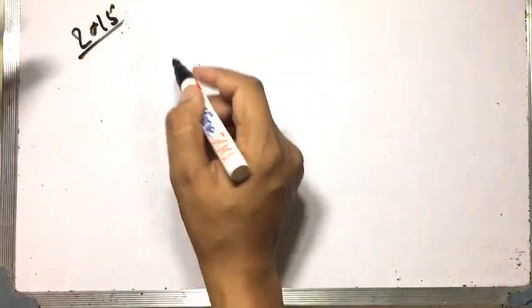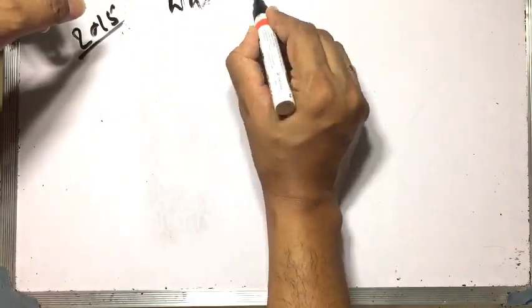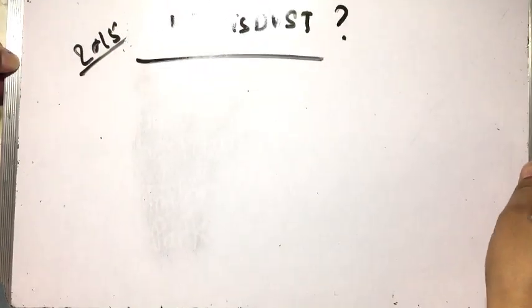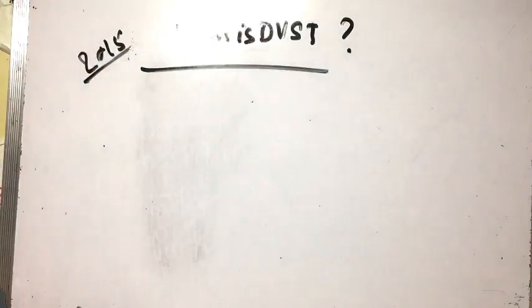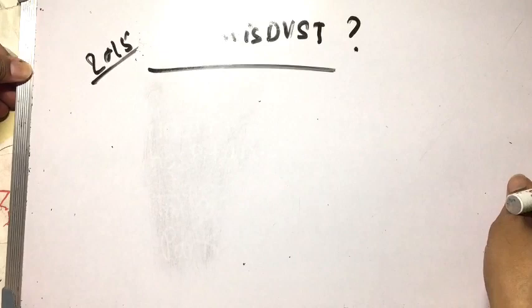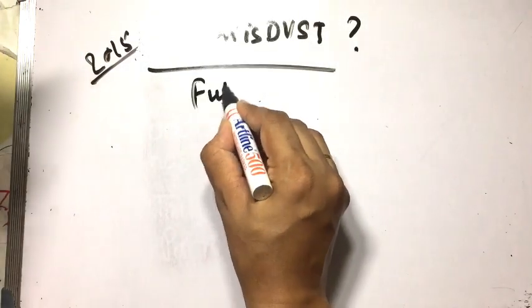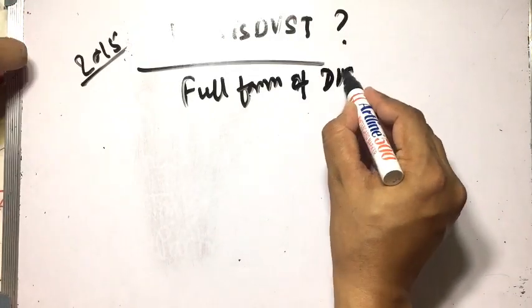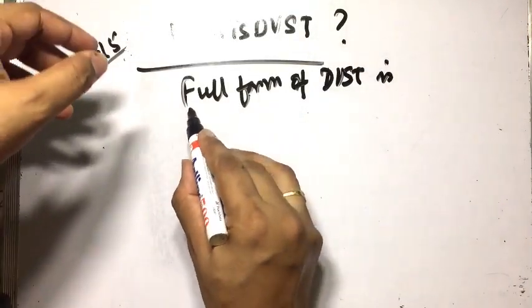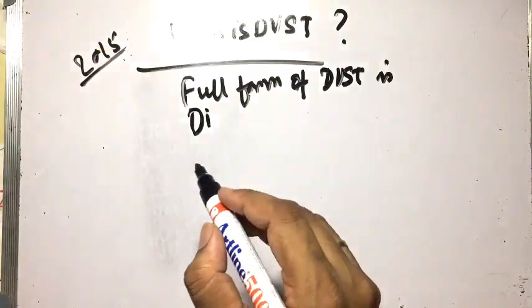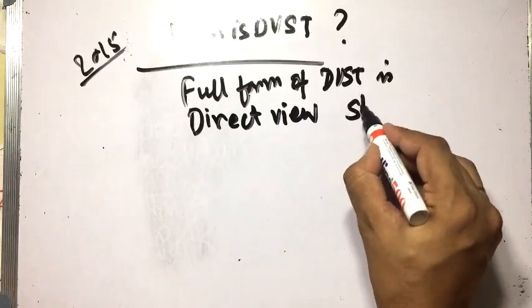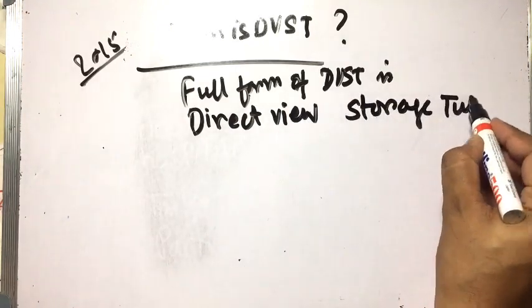Now the next question is, what is DVST? The full form of DVST is Direct View Storage Tube.